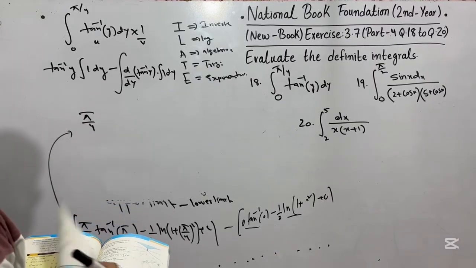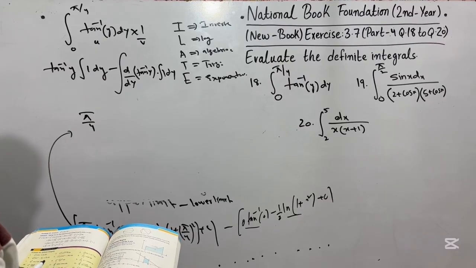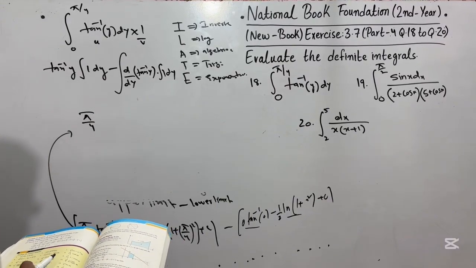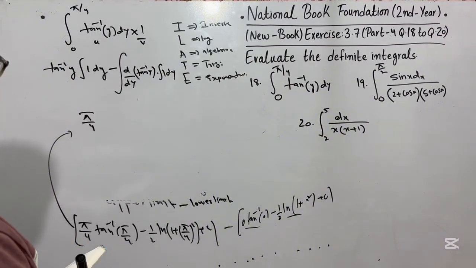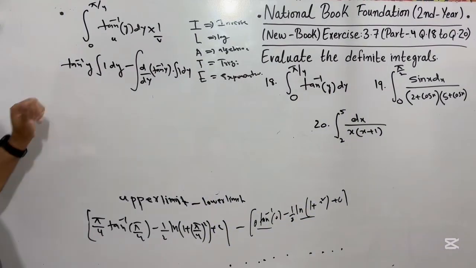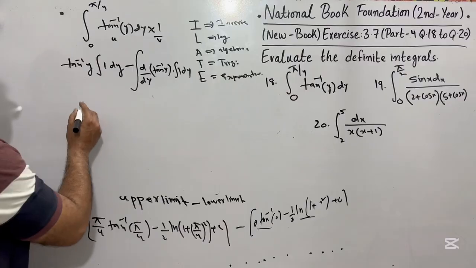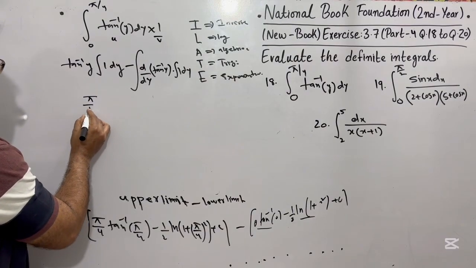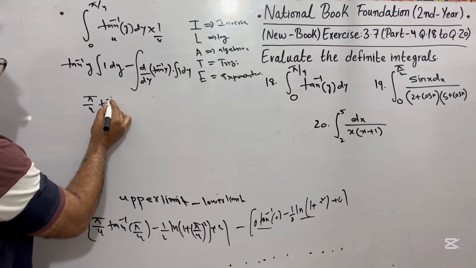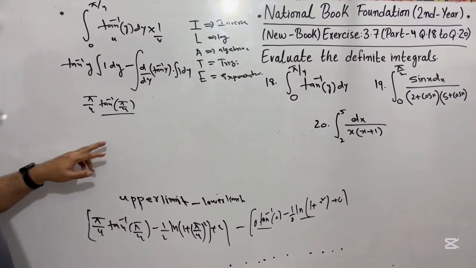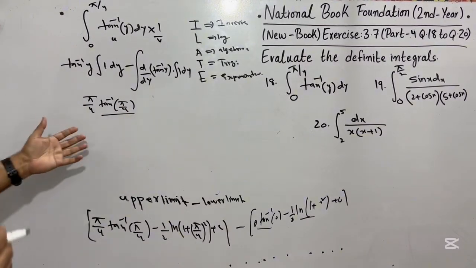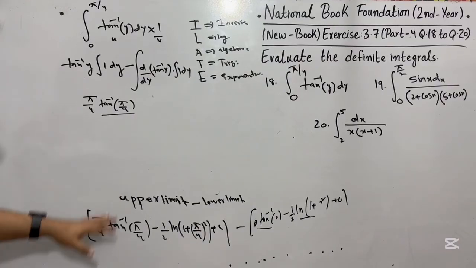Question 3.7, 0 to pi upon 4, tan inverse of pi upon 4. Yes, pi upon 4 times tan inverse of pi over 4. It is something baffling, perplexing. Tan inverse of pi upon 4, don't jump to the conclusion that it is equal to 1.